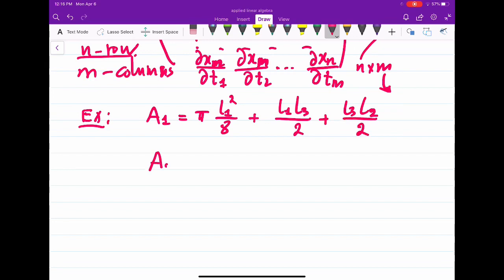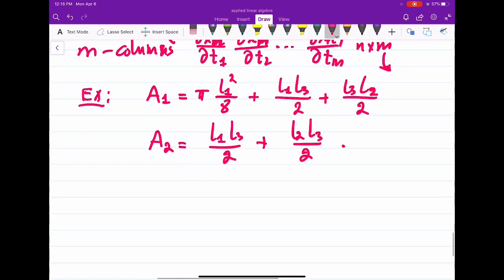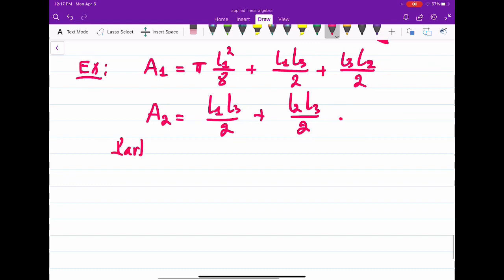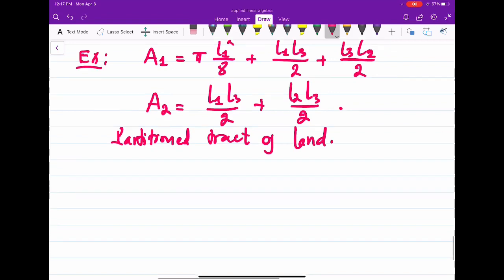The second one, A2, is L1 L3 over 2 plus L2 L3 over 2. Actually, I picked this example from the textbook for geometric measures, and this is called partitioning a tract of land. Okay, and they ask you to evaluate the Jacobian matrix J.